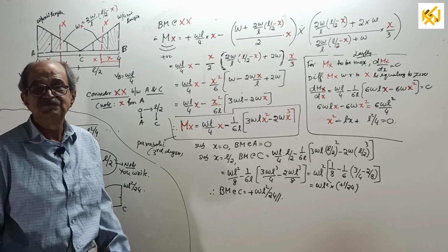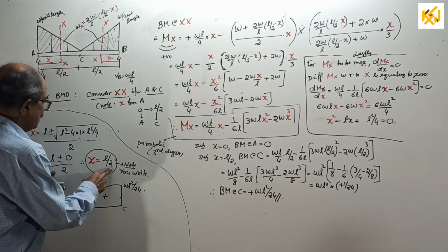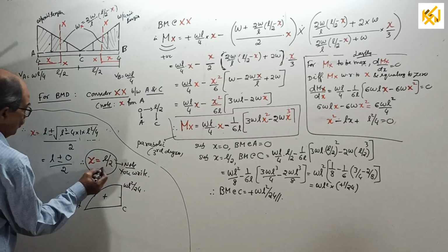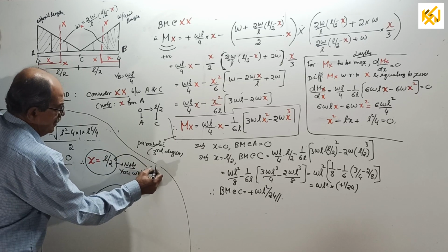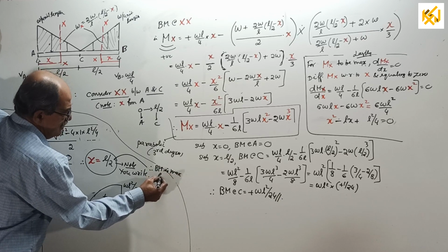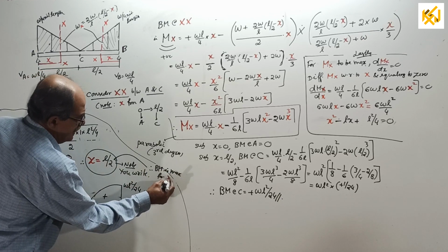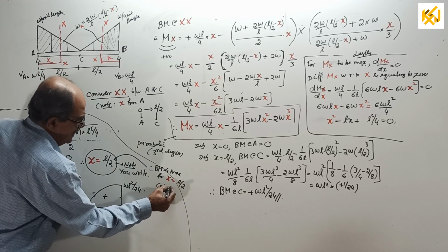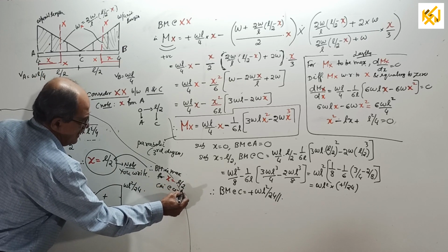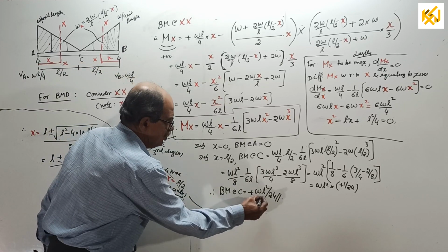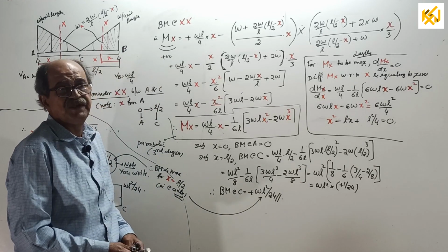It has to come. So, x equals L by 2. We know that, therefore, BM is maximum for x equal to L by 2, that is at the center. At the center, BM is already calculated, so no need of substituting once again.